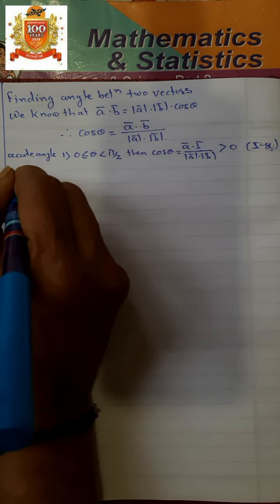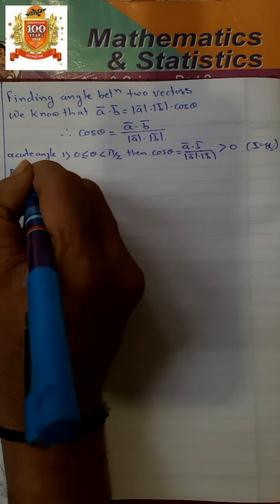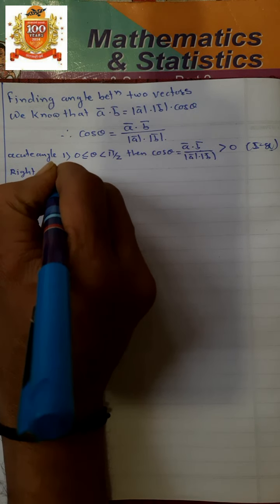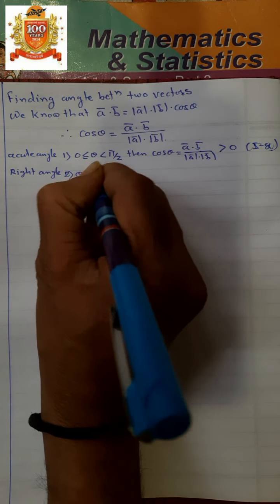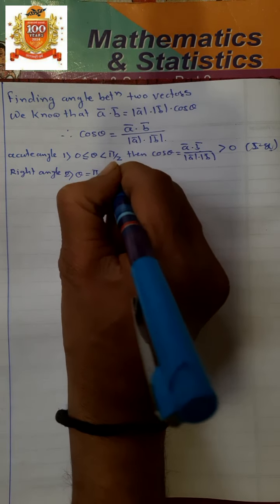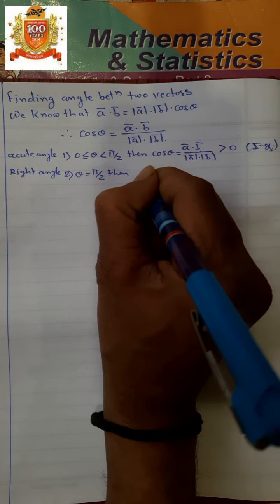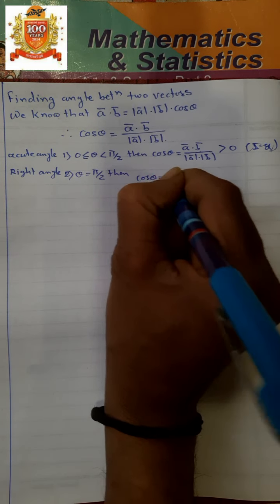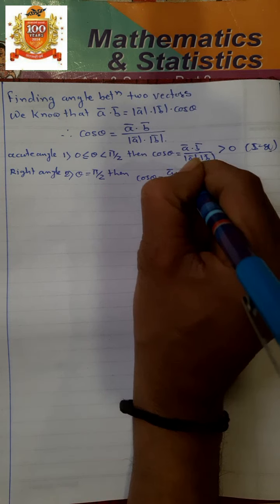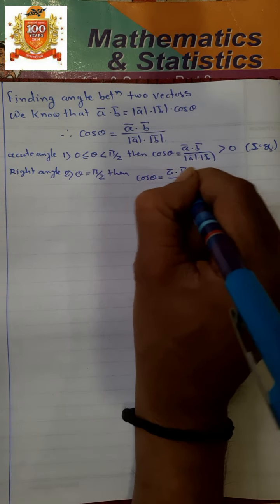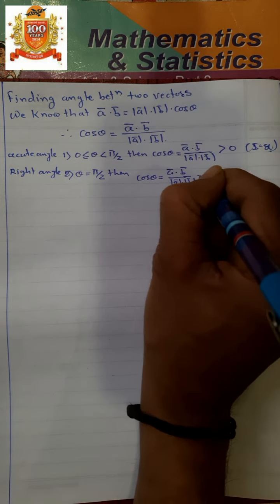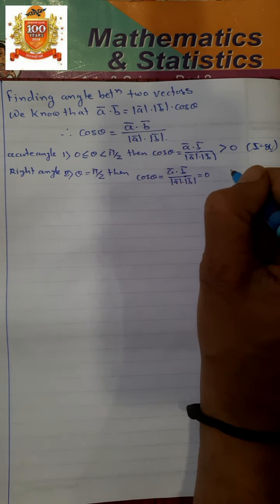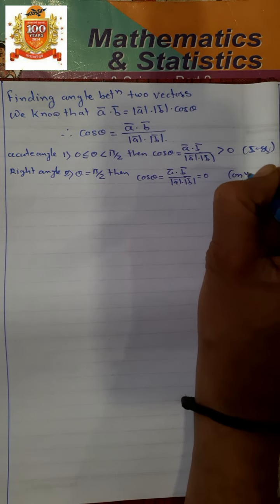Right angle, second possibility, theta is equal to pi by 2. Then cos theta is equal to a bar dot b bar upon mod of a bar into mod of b bar is equal to 0, means on y-axis.